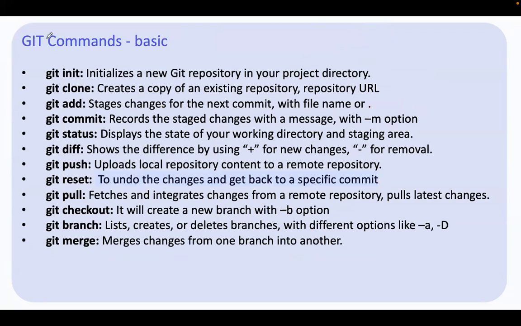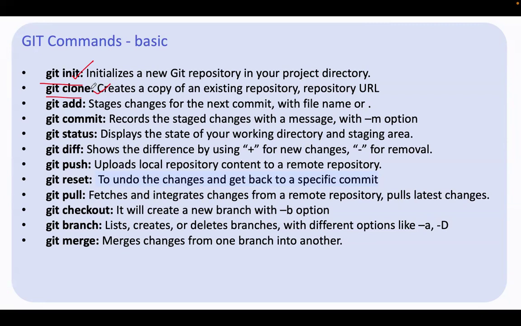Now we'll be looking at all the basic commands of Git, because we are talking about Git as a repository, Git as a server, and how to manage a code repository. git init is to initialize a new repository in your working folder. git clone is to copy or download your repository from the remote to the local.